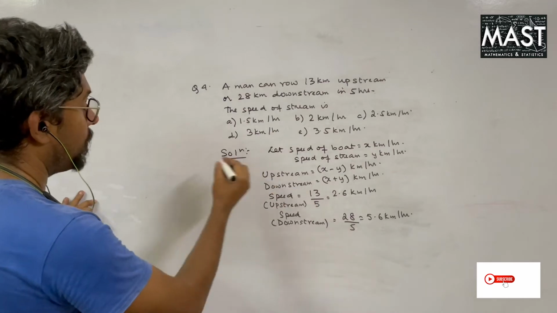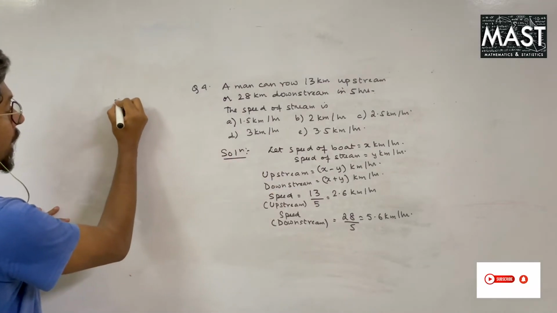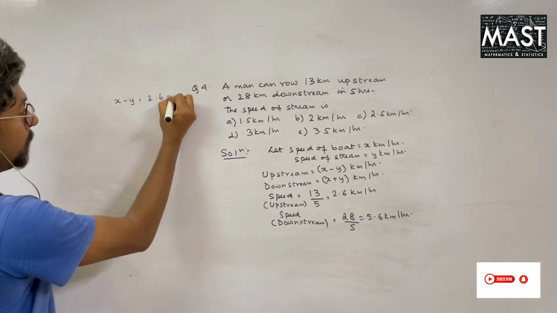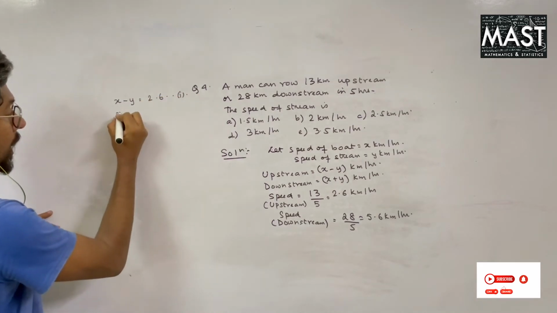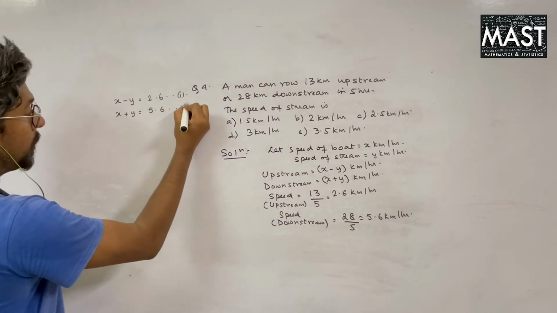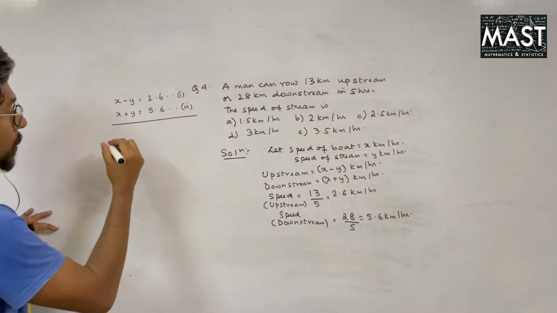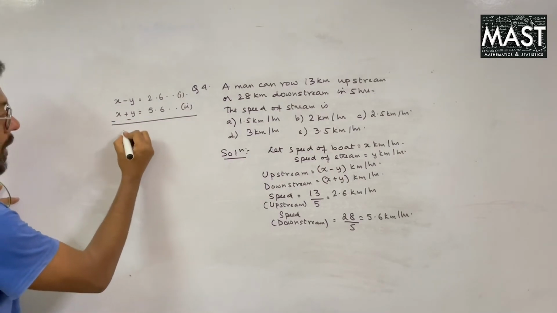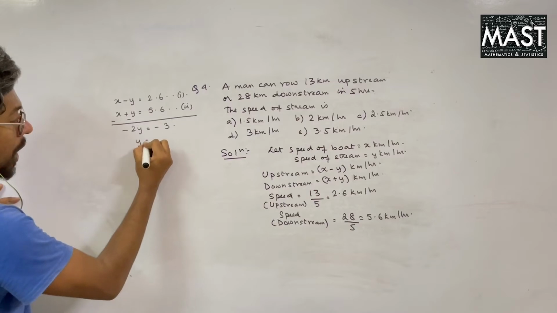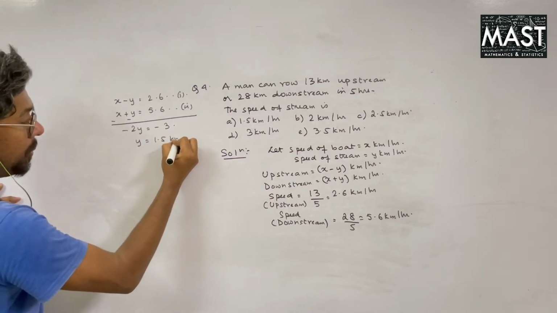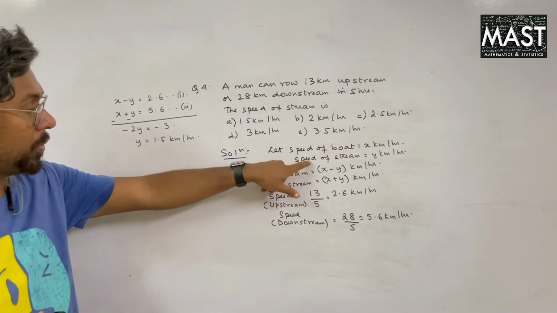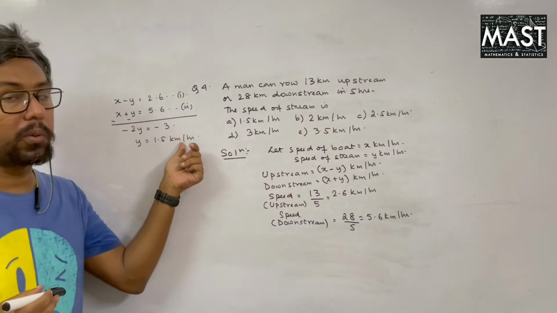That means, as per the question, x minus y equals 2.6, which is equation 1, and x plus y equals 5.6, which is equation 2. If we subtract the two equations, we will get minus 2y equals minus 3, or y equals 1.5 kilometer per hour.